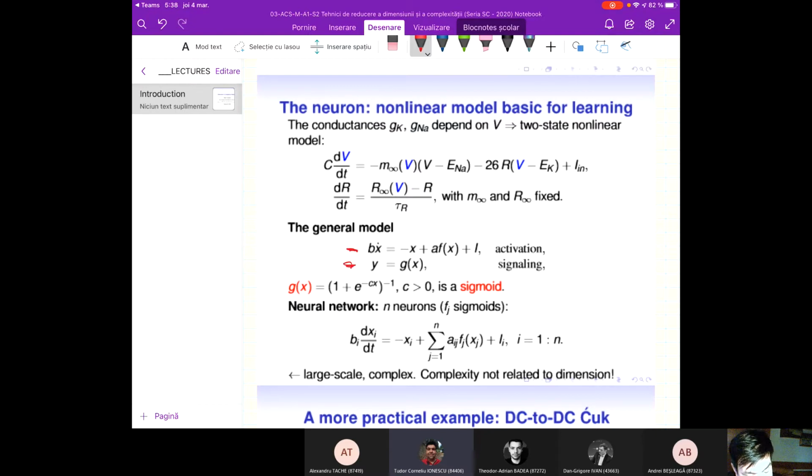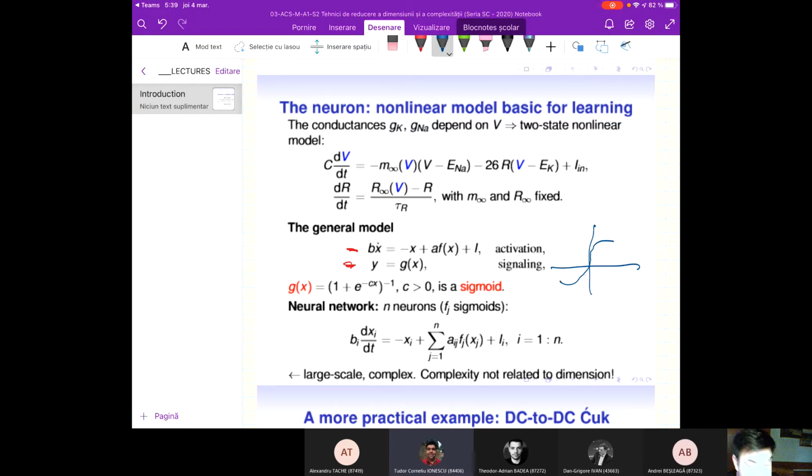You've got two nonlinear equations of this type, where g(x) is usually a so-called sigmoid function. It's called sigmoid because the graph of this function looks like an S. This exponential is a sigmoid function.